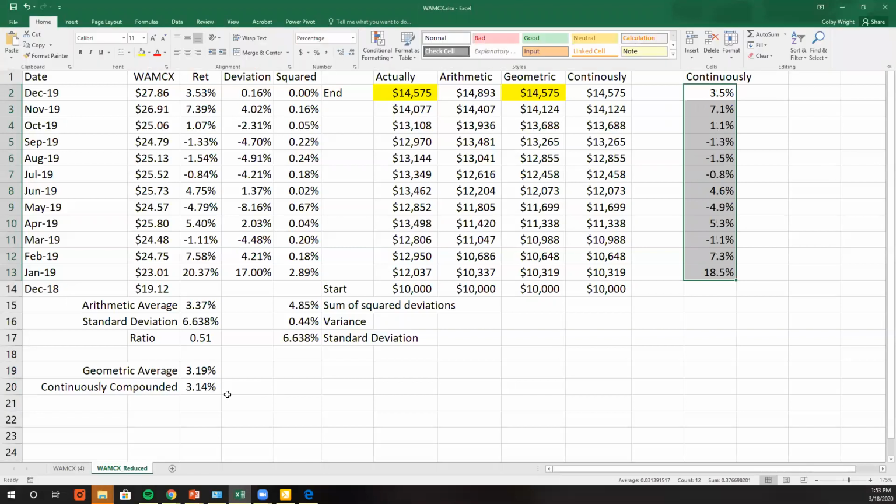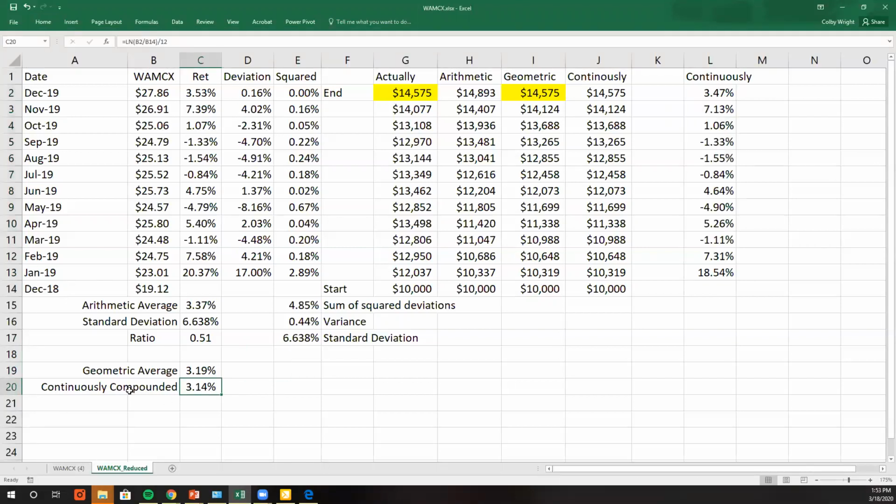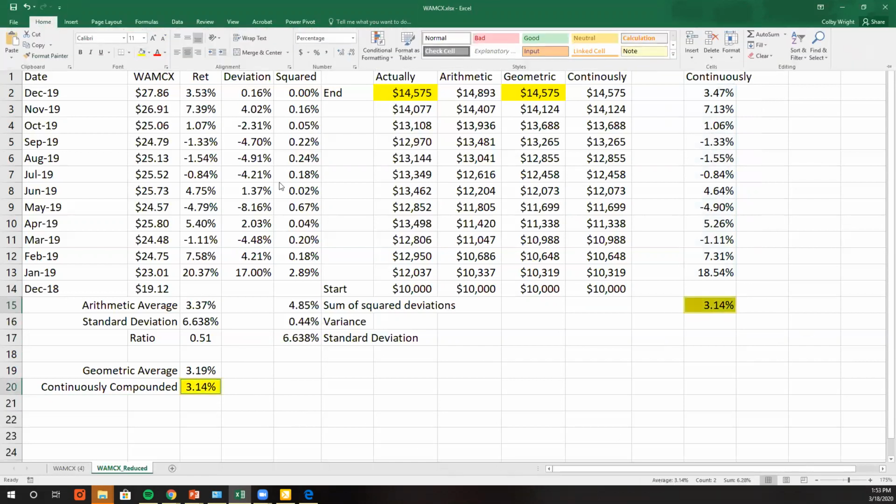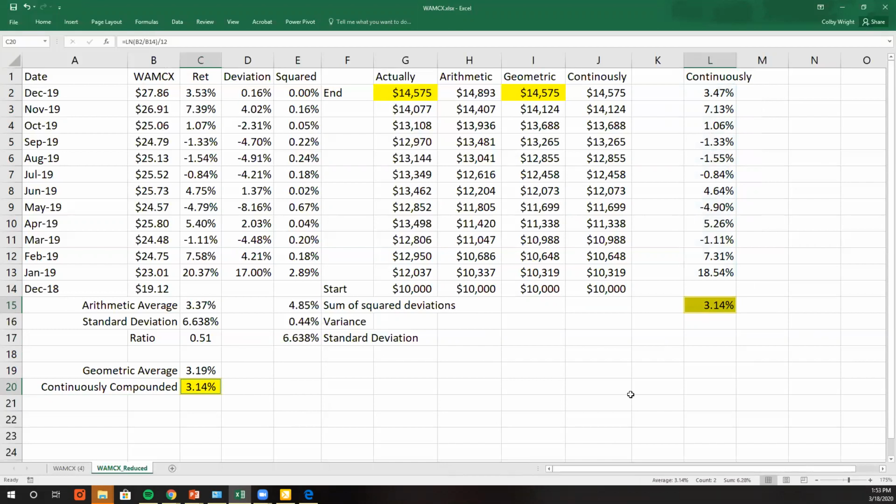Then, in order to get the exact same number that we got previously, this is almost magic, all you're going to do is take the average of those 12 months. Notice, we get the exact same answer.